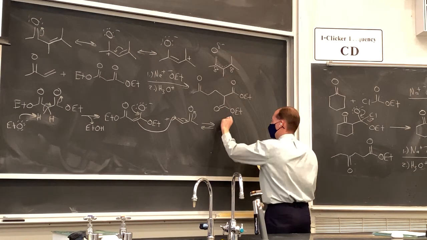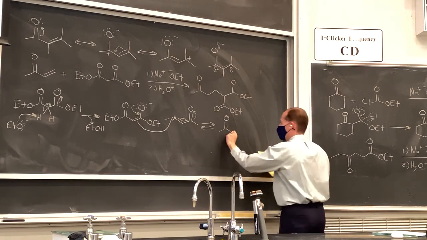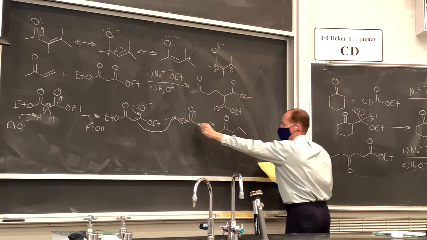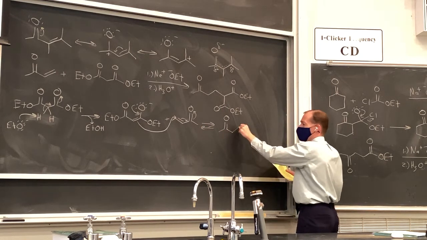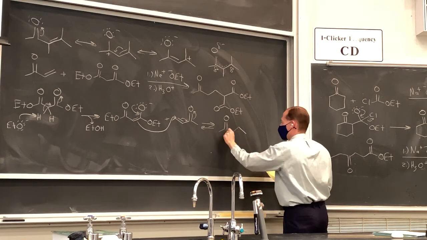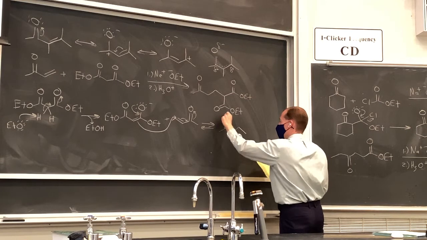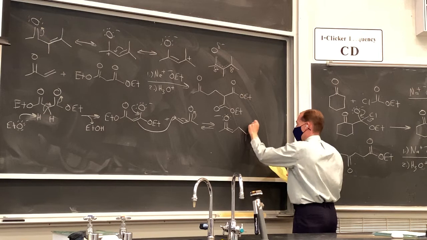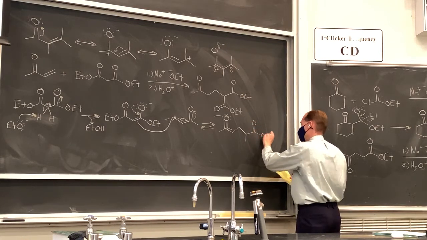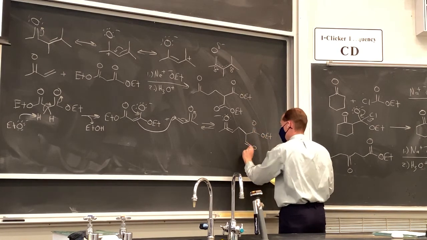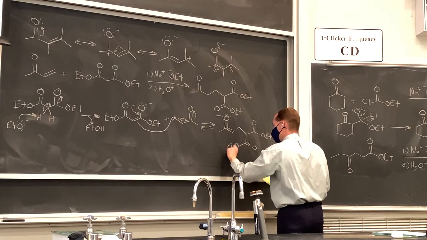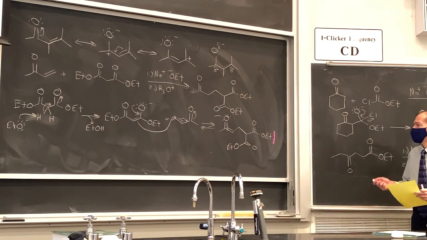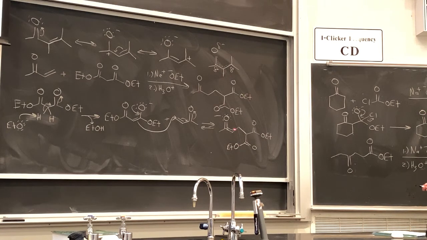we'll turn this around. It'll be easier to draw if I turn this around. So here's our ketone. Here's our beta carbon from the ketone. And our enolate that we draw is going to look like this. All right, so here's our intermediate that we generate where we formed our carbon-carbon bond.